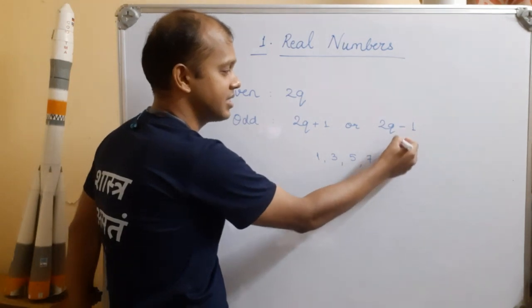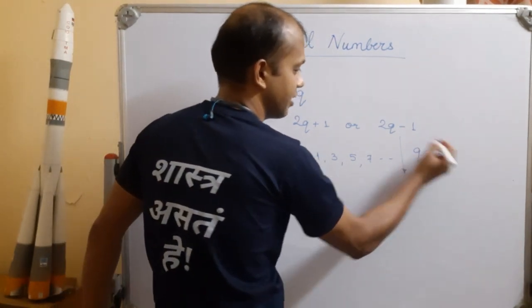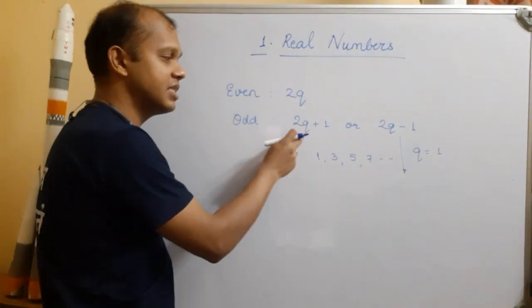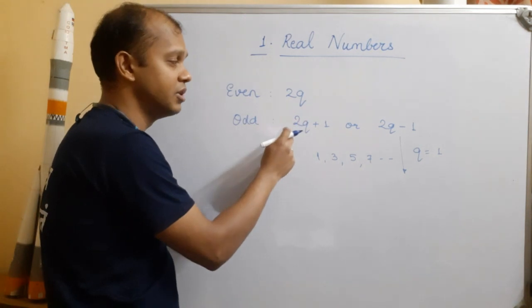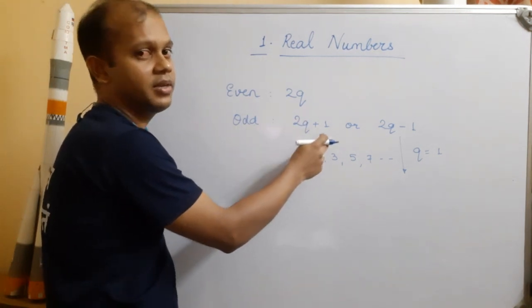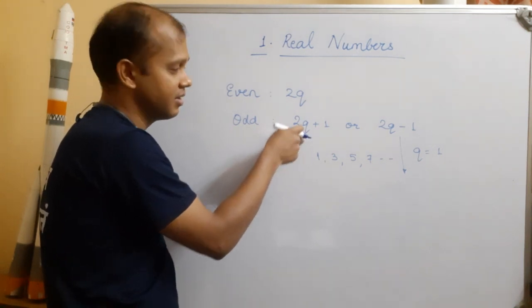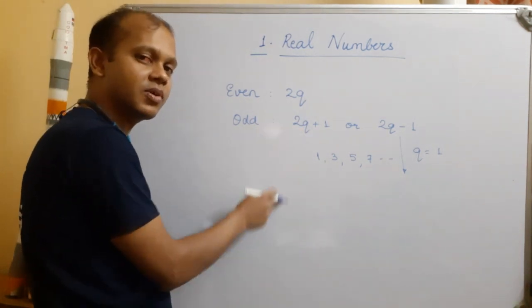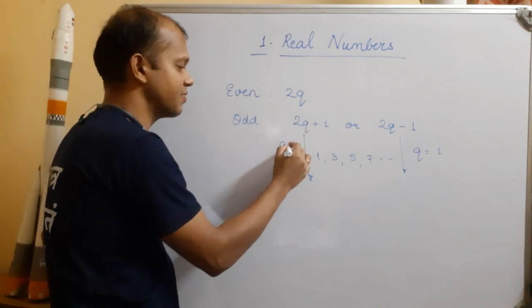So this generates these numbers when q starts from 1. And when does 2q plus 1 generate them? If q starts from 0, then 2 into 0 is 0, plus 1 is 1. And then if you take q equal to 1, the next number is 3 and so on. So this expression will be used if q starts from 0.